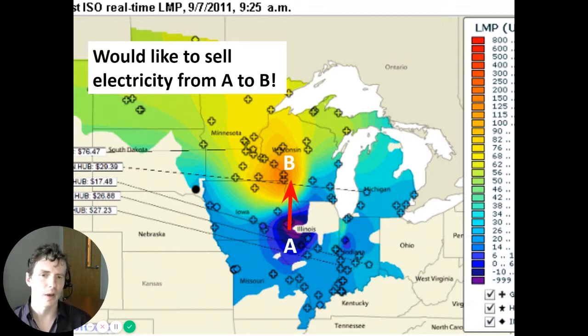But the reason you have this gradient, where you have this sort of concentric circled area of high prices in B and low prices in A, is because of transmission constraints. This barrier clearly indicates that there is not a way to get that extra electricity out from the area labeled A over to the area labeled B.